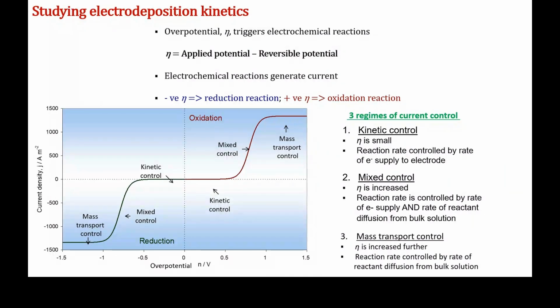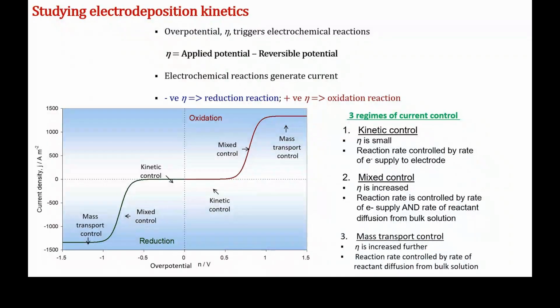The first regime is very close to the equilibrium potential, where you don't get a very high current. And it's quite slow. This is for small overpotentials, typically up to maybe 100 millivolts or a little larger, depending on how good the catalysis is. And the reaction rate is controlled more or less exclusively by the rate of electron transfer.